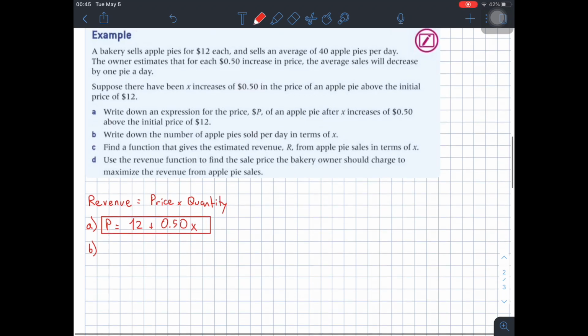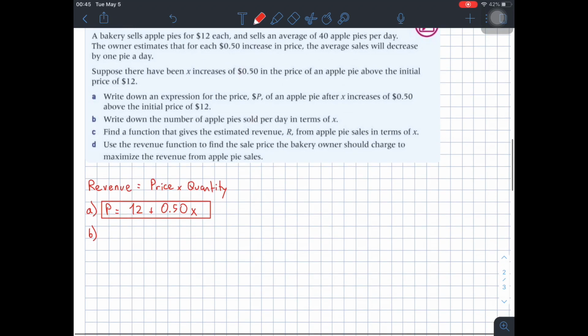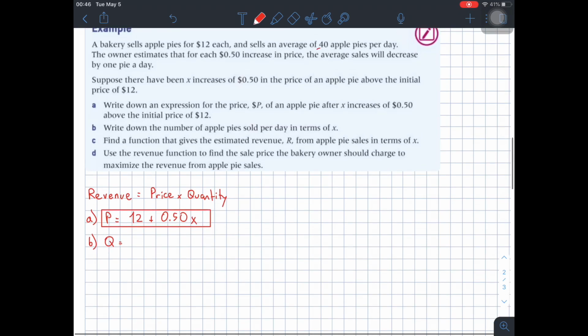So we can write this as quantity, right? Okay, I can call it Q equals I normally sell 40, but for each increase in X, I'm gonna sell X pies less, so minus X. Okay, if I increase my price 1 time, then I will sell 39 pies only, right? 40 minus 1. Okay, so this would be the equation for the quantity. It decreases as I increase my price.